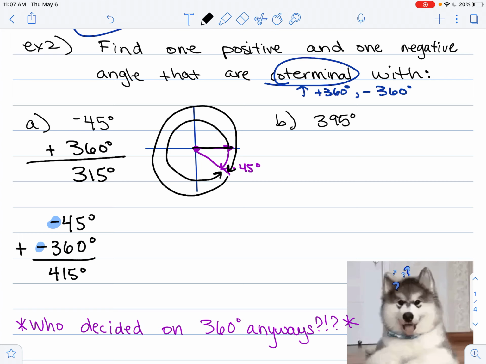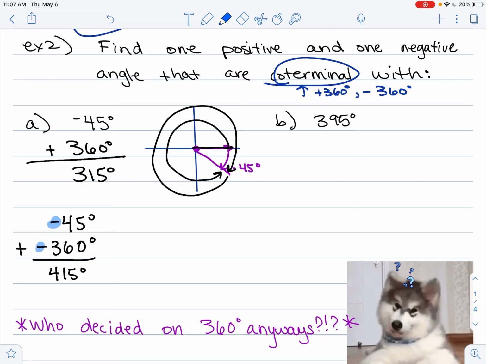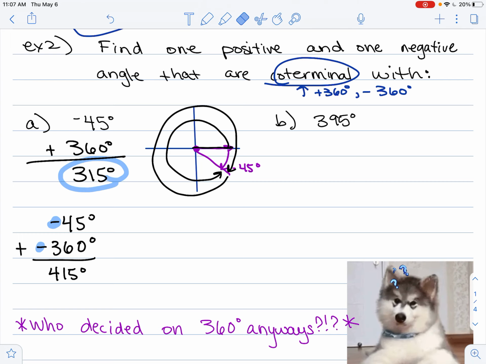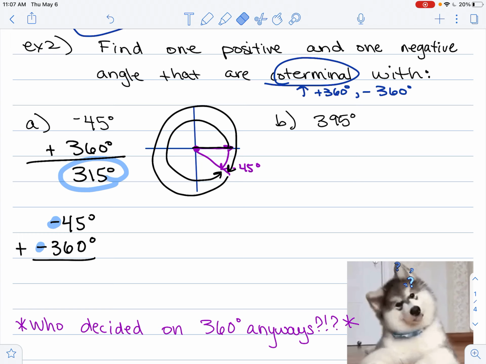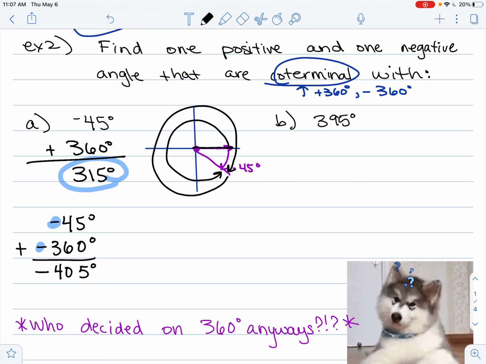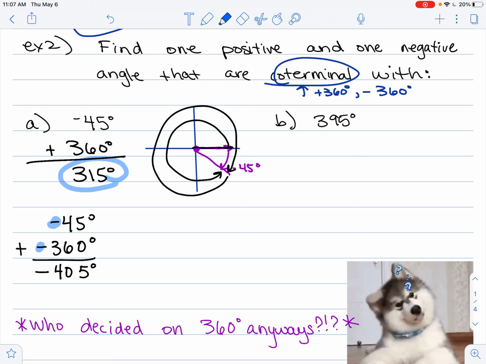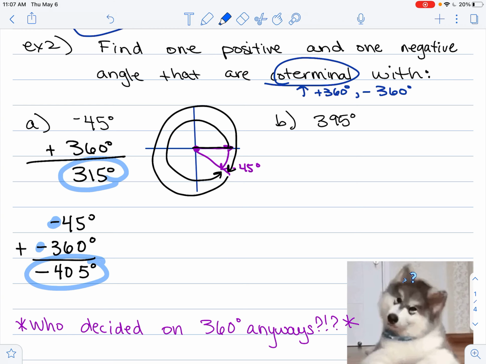So if I was also looking for that, that's a coterminal angle of positive 315 or negative 405 degrees.